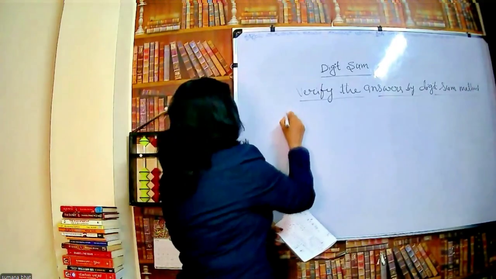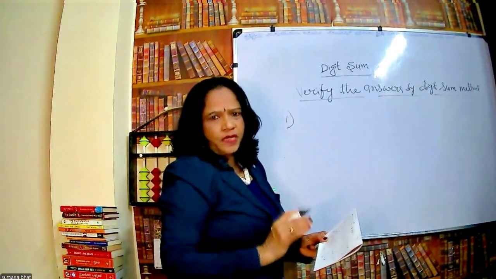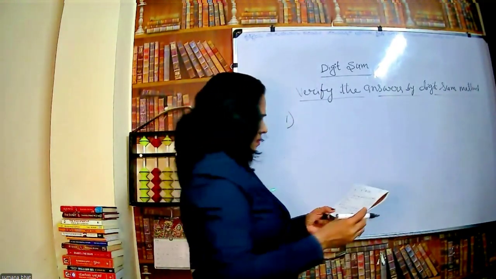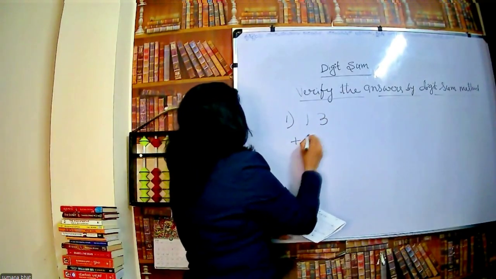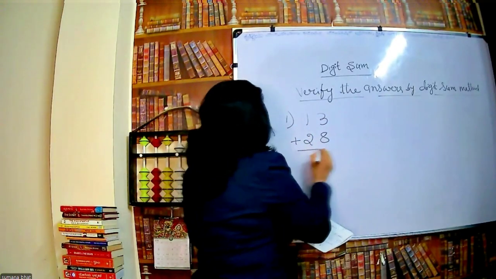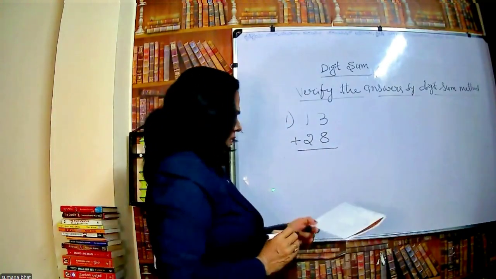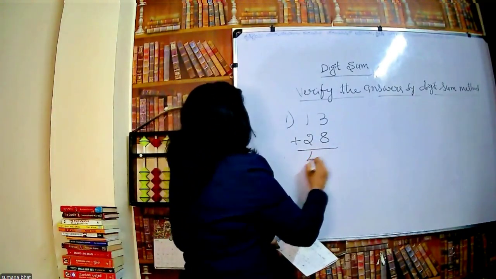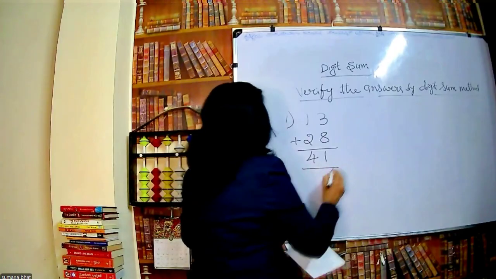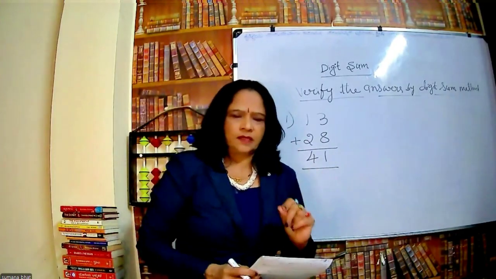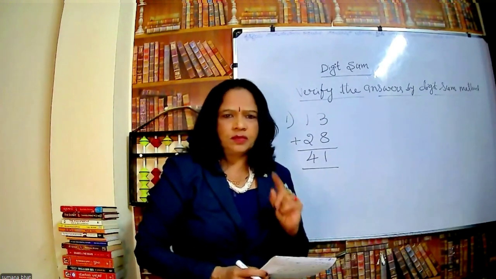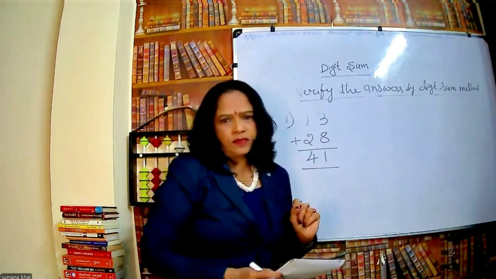First one is this: first we will do the addition and then we verify it. 13 plus 28. The answer is 41. The answer is already written, but whether this is correct or not, we should find by using digit sum.